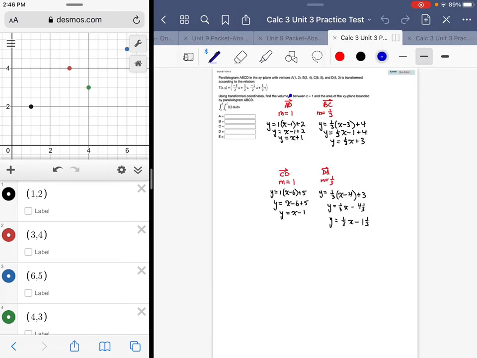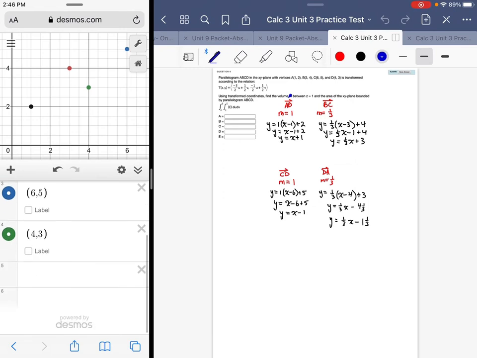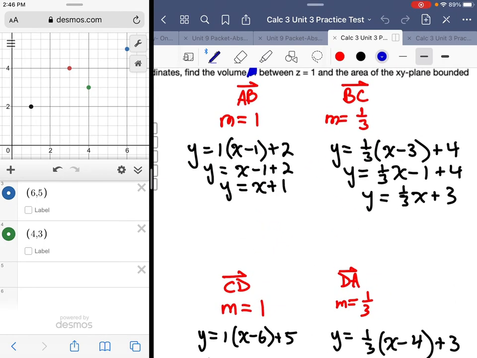You can double check these equations on Desmos and make sure they go through the appropriate coordinates. So that's what I'm going to do real quickly. Just for the sake of having less to type in, and we'll also need this for another step in a minute, I'm going to write this as y minus x equals 1.